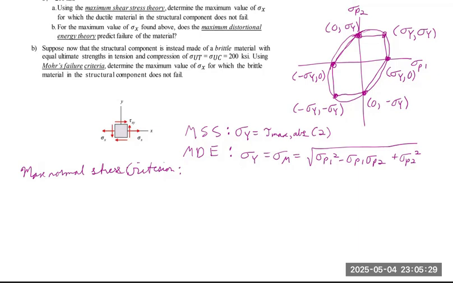And in terms of principal stresses, the failure boundary for a brittle material by the maximum normal stress failure criterion is defined as the absolute value of principal stress 1 is equal to sigma u, or the absolute value of principal stress 2 is equal to sigma u.